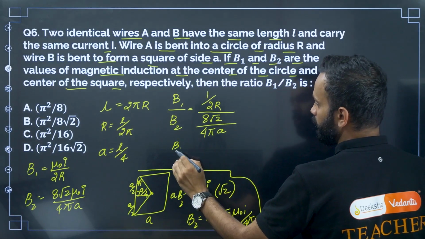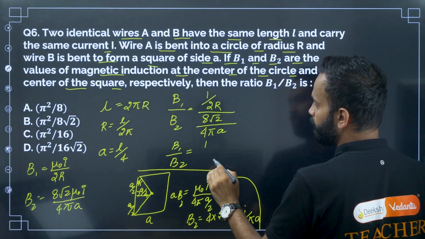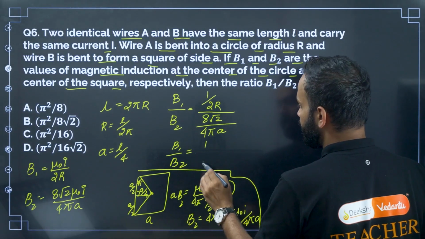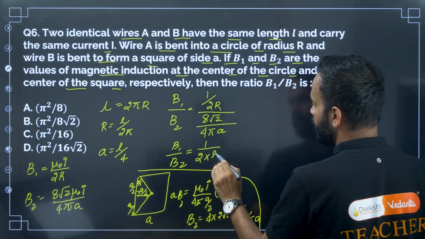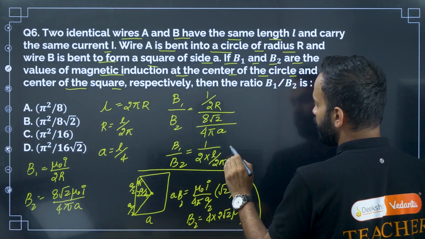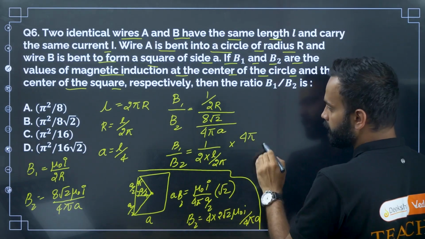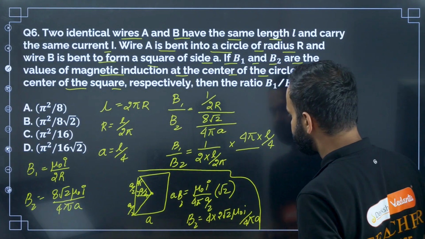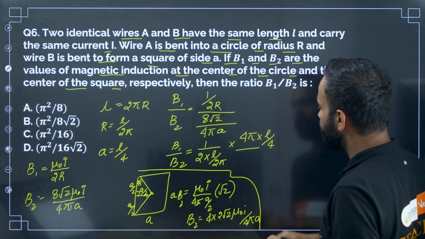So B1 divided by B2 is equal to 1 divided by 2R, where R is L divided by 2 pi, into 4 pi A, where A is L by 4, divided by 8 root 2.